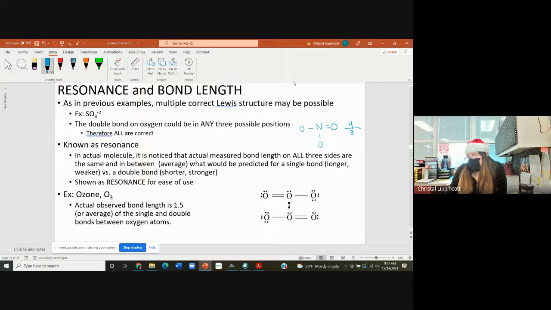You could do this in your head. 1.33 repeating. Okay. Good. All right. So that was 2 things that we're going to talk about today. And the third thing we're going to talk about today is something called formal charge. And that's going to take us a little bit longer to get through.